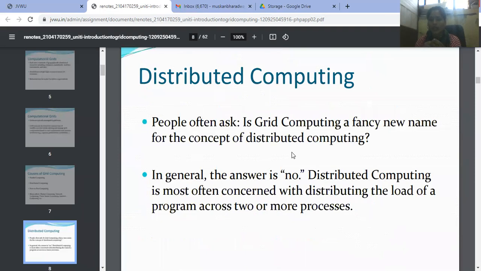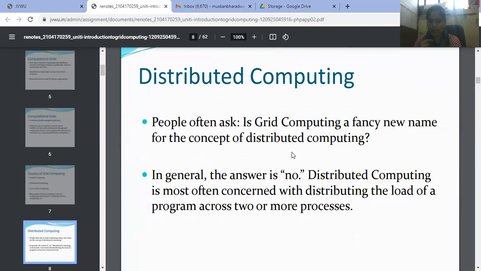Distributed computing means you distribute multiple systems across geographical locations in a network, connect all the systems using communication channels, and perform the same task or different subtasks.